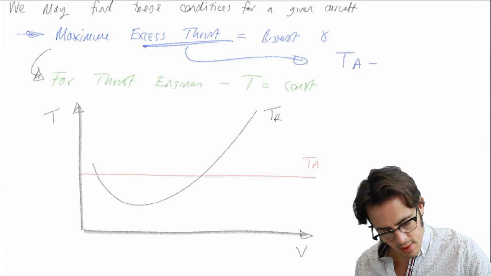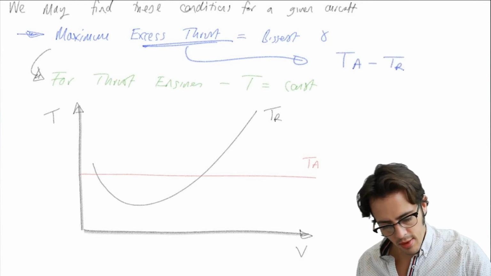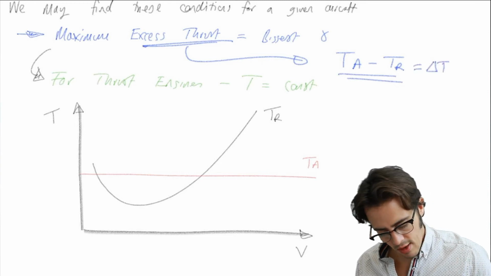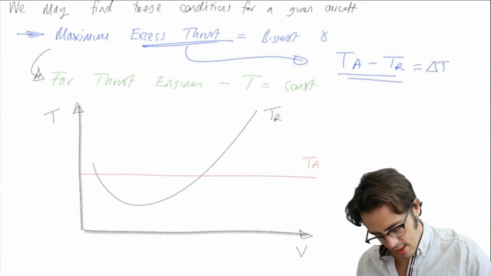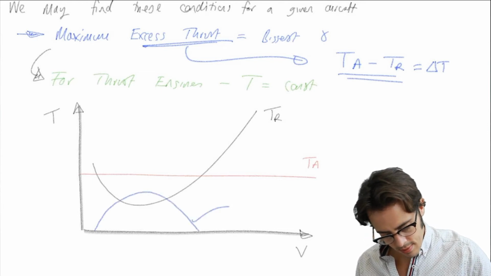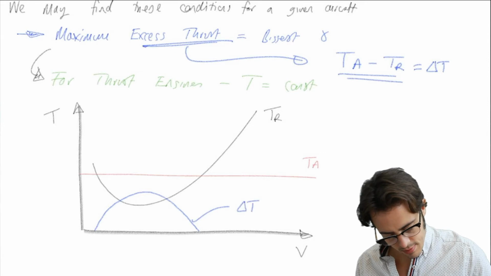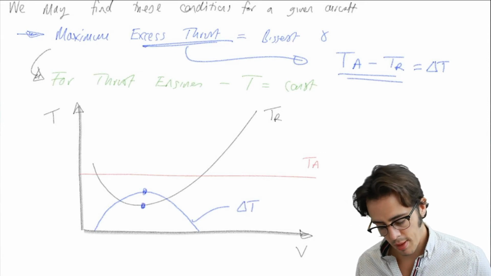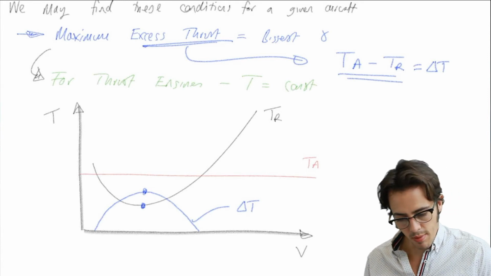thrust available minus thrust required. Call this delta T. So if we were to plot delta T on here, it would look like this. So we can see that this is maximum, if I'd drawn this properly, at the condition of minimum drag.